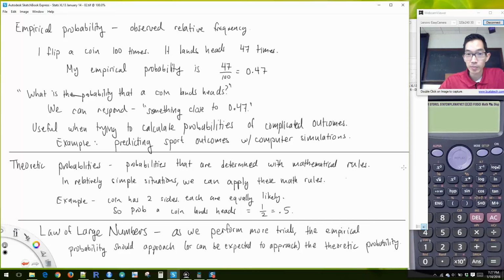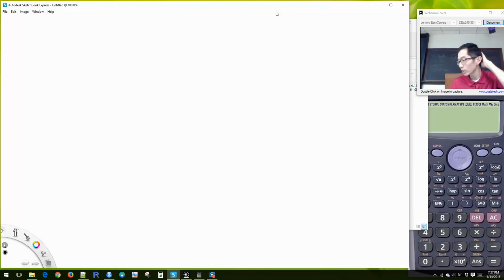Okay, let's keep going. So the rest of our class is going to focus on the rules behind calculating theoretic probabilities. But you could take an entire course on simulations, which is all about creating computer programs to generate these empirical probabilities based on simulations.